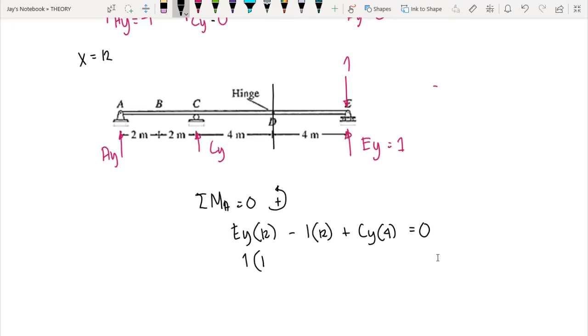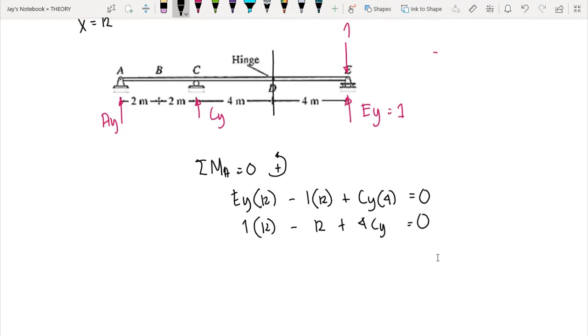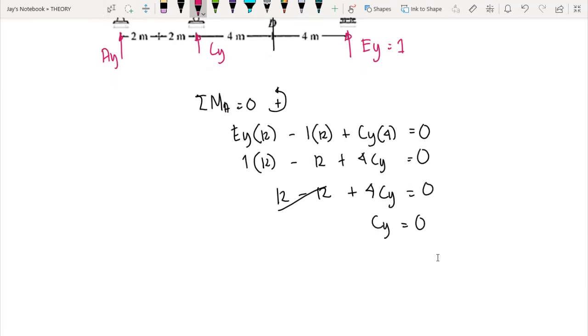So we have 1 times 12 minus 12 plus 4 Cy is equal to 0. But since 12 minus 12 is equal to 0, the remaining here would be Cy is equal to 0. Okay? So we have Cy is equal to 0.